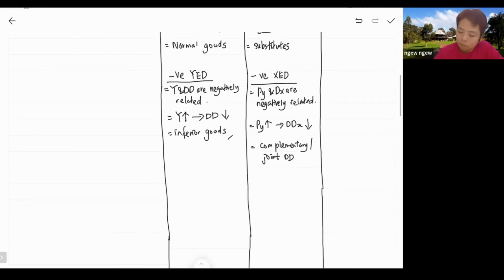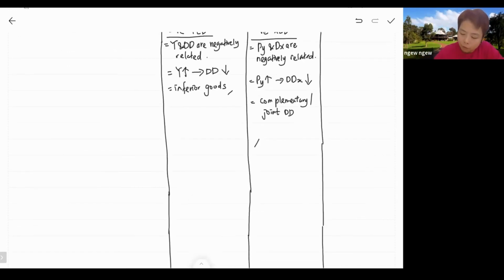And guys, for XED, we still have one sign, which is XED equals to 0. When XED equals to 0, which means when price of Y changes, demand for X will not be affected or will remain unchanged. Then it shows that two goods are basically not related.